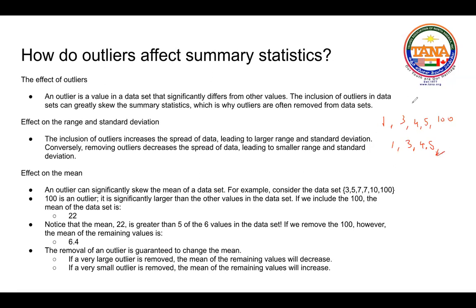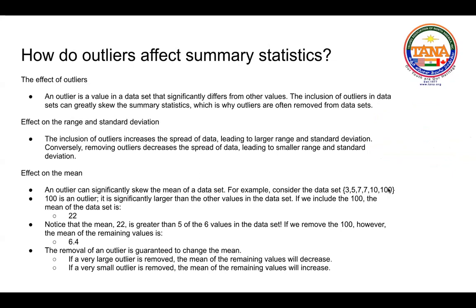The mean is a lot higher for this one versus the mean for this one. And same with the range. The range for this one would be 99, because 100 minus 1, and the range for this one is only 4. Because of this outlier, the range is a lot higher than it should be. And again, like I said before, the standard deviation is also completely changed because the mean is really far away from the rest of the data points. So the standard deviation is also really high.